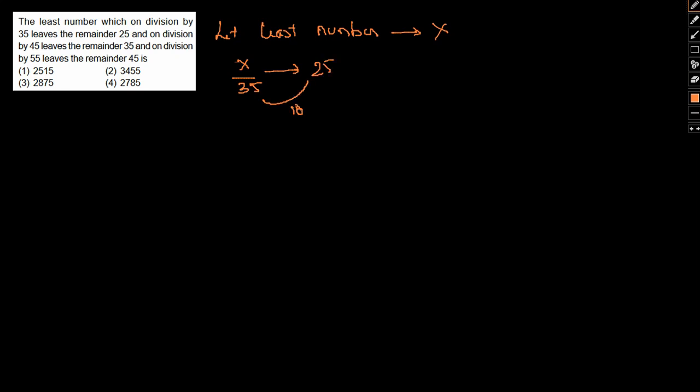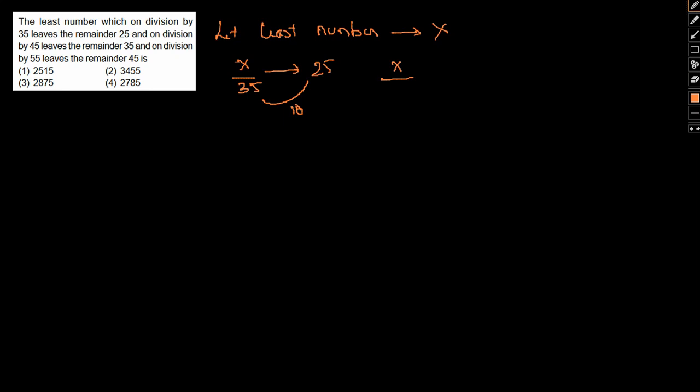So basically the number comes out to be x plus 10. So the number is 10 more than 35. Okay, again the number is not 10 more, the number is 10 less than 35. Basically x minus 10 should be our number.